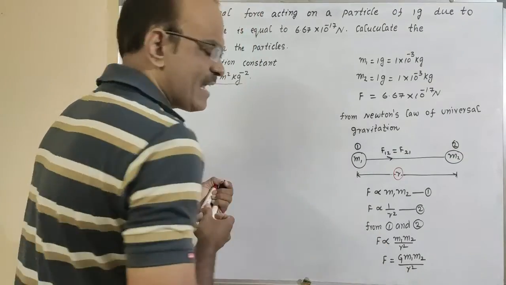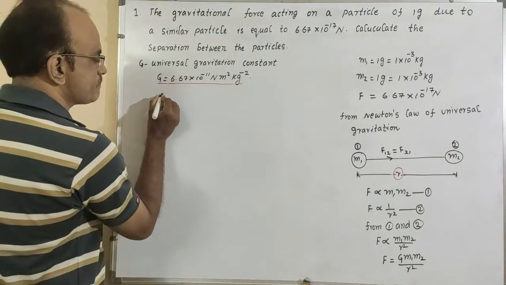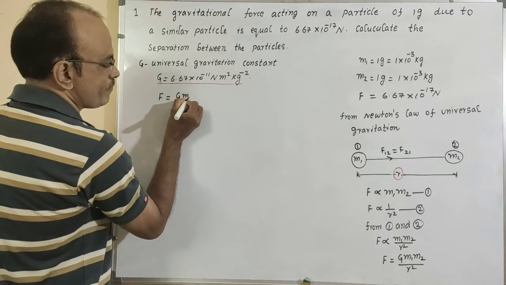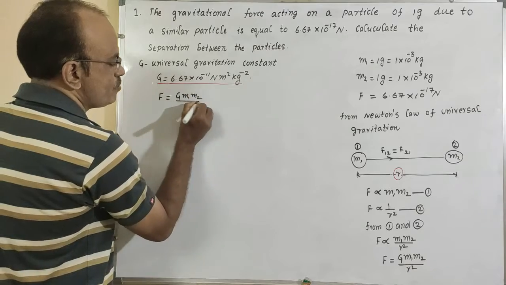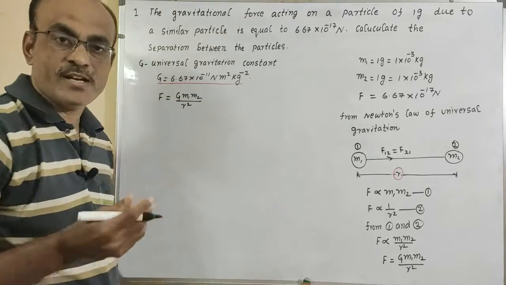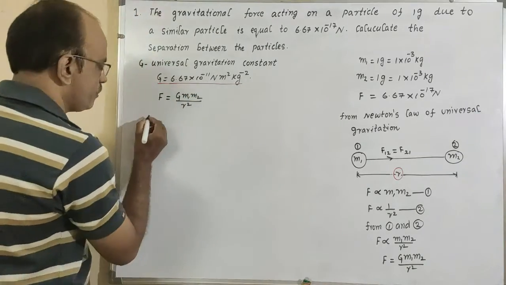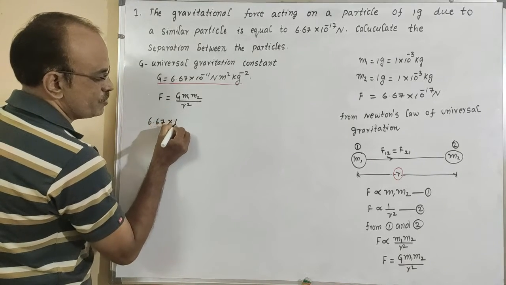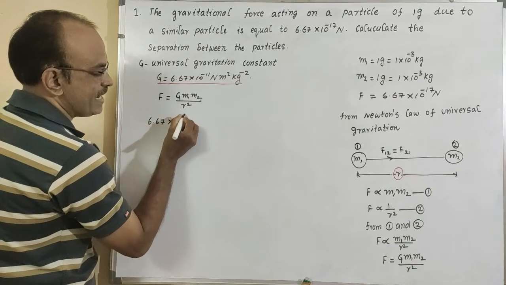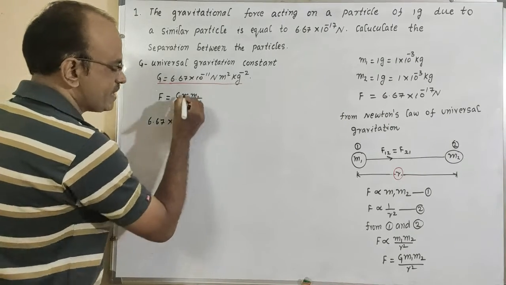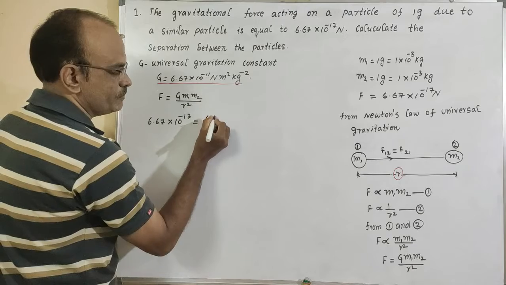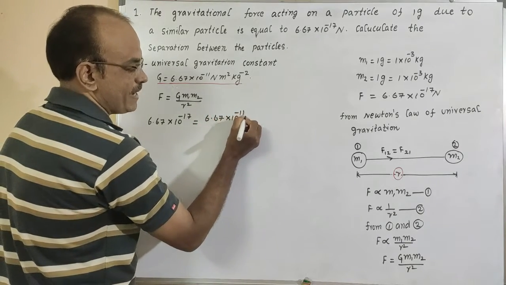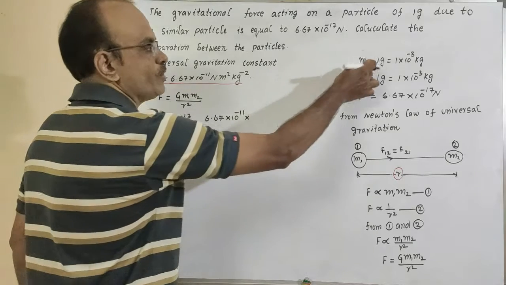Now I will take the formula, that is capital F is equal to capital G m1 m2 divided by r square. Now I am substituting the values. So 6.67 into 10 to the power of minus 17 is equal to capital G value, 6.67 into 10 to the power of minus 11, into m1 and m2, both are equal, no?